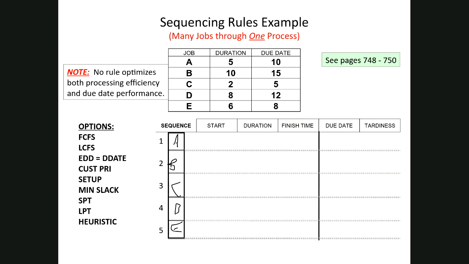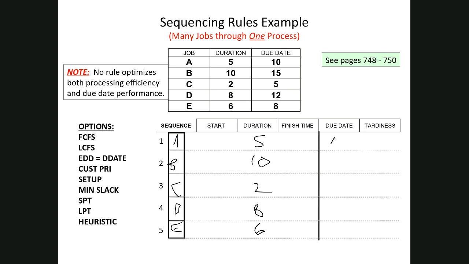A takes 5 days, B takes 10, C takes 2, D takes 8, E takes 6. And then we're going to record the due date.